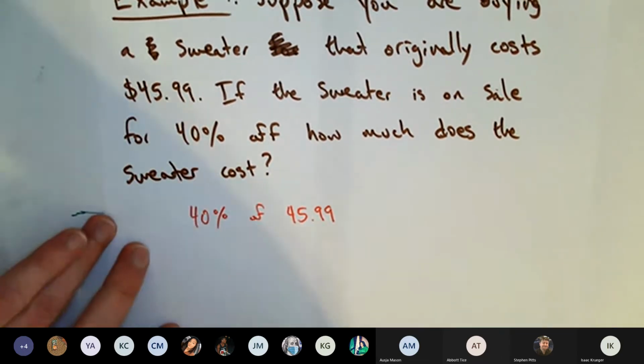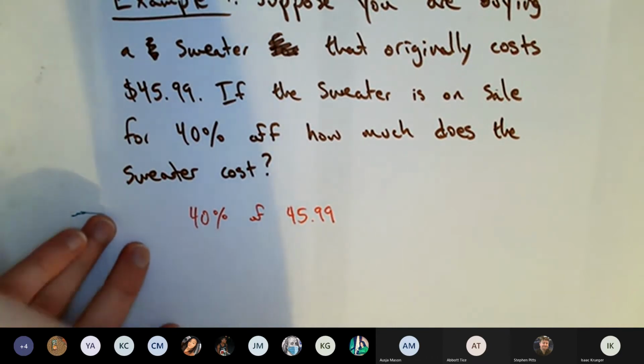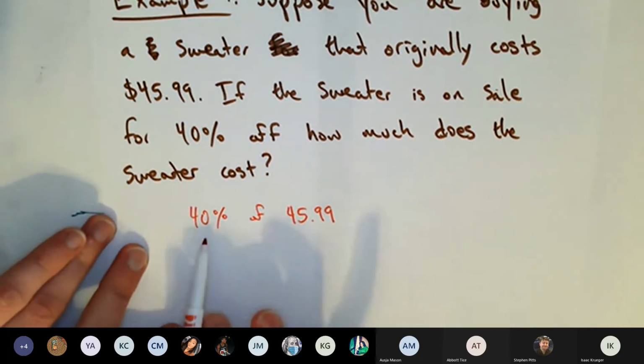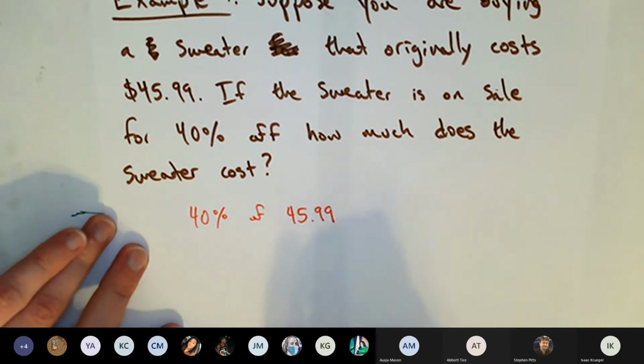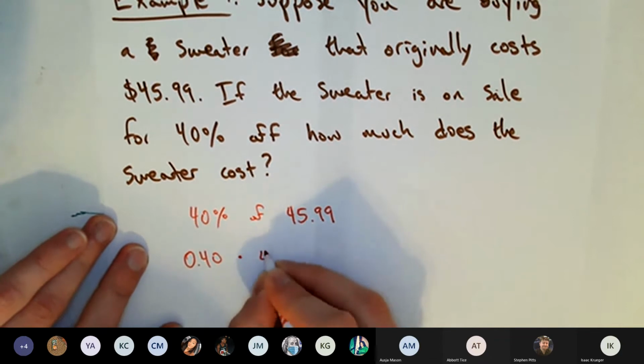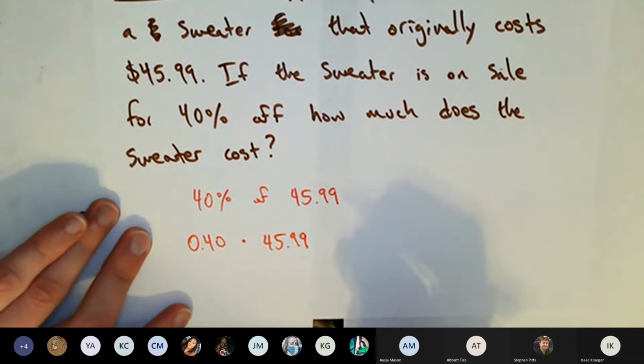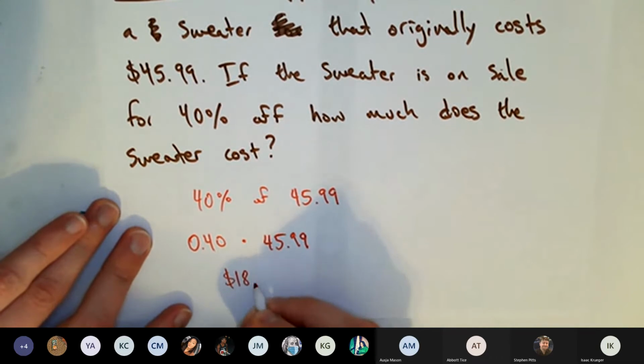40% of $45.99. I'm assuming we're good with converting the percent to decimal. This would just be 0.40 times 45.99. I'll write it down anyways, 0.40 times 45.99 gives me 18.40 when I round.